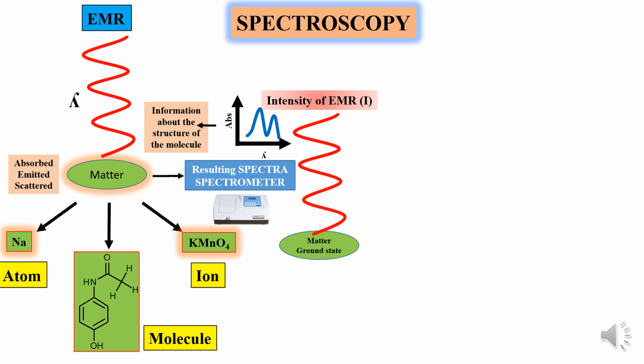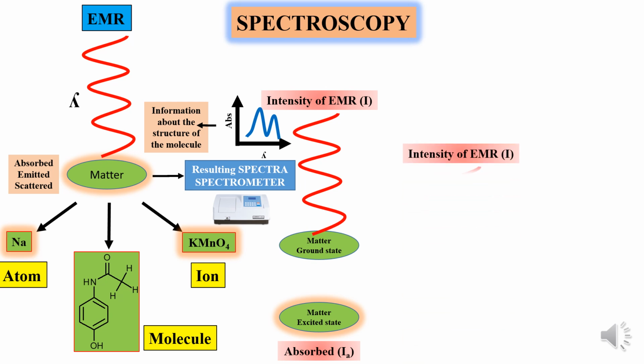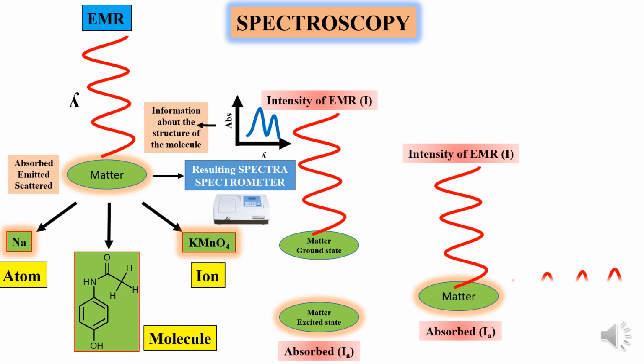The first possibility is that the radiation can be absorbed by the drug molecule. The second possibility is that the radiation, when it strikes the matter, will be absorbed, and later on the absorbed radiation will be released or emitted.